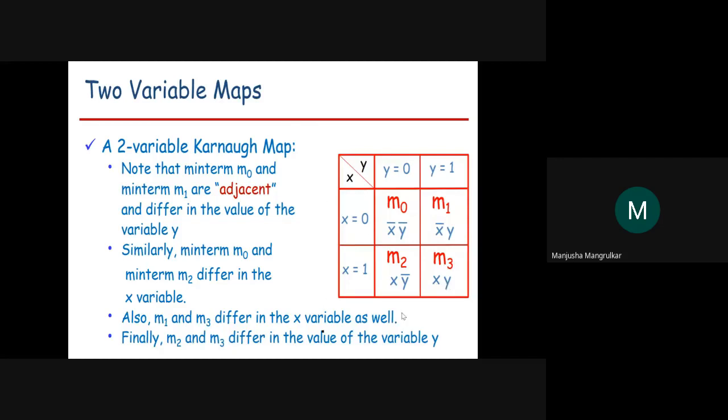This way we identify the product terms, right? Similarly, min term m0 and min term m2: m0 and m2 both have y complement, right? But which term is changing? X complement here, and only x here. Here the y complements are the same as here.